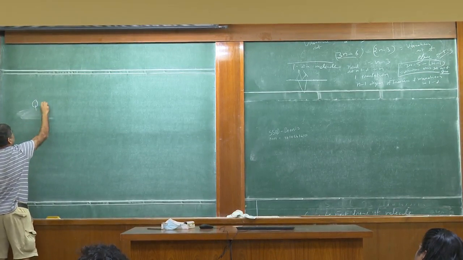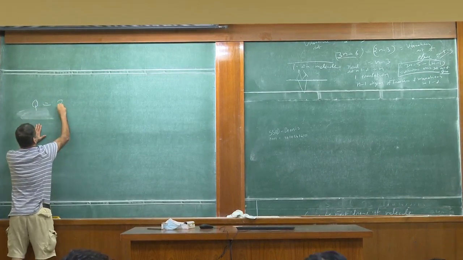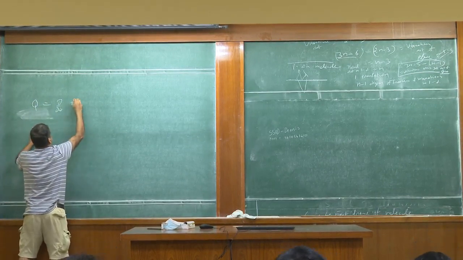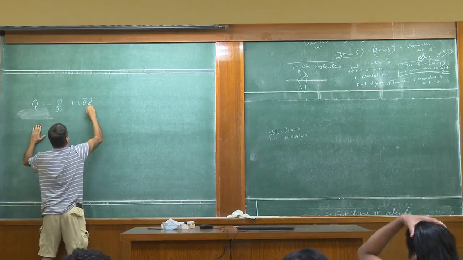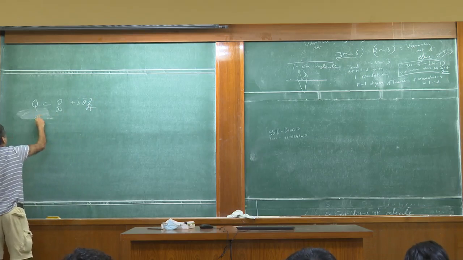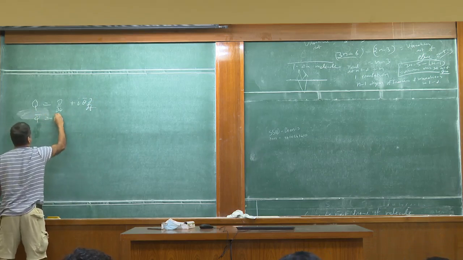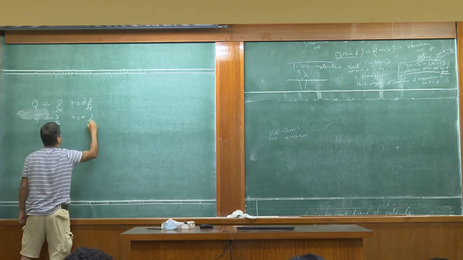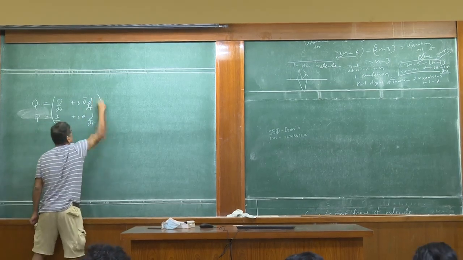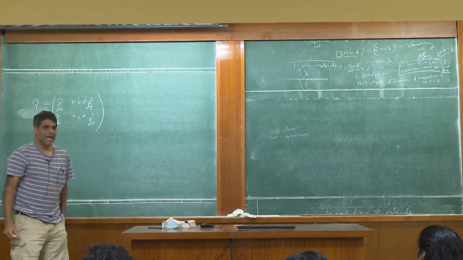Our original supersymmetry operators were Q = ∂/∂θ − iθ̄ ∂/∂t, and Q̄ = ∂/∂θ̄ + iθ ∂/∂t.